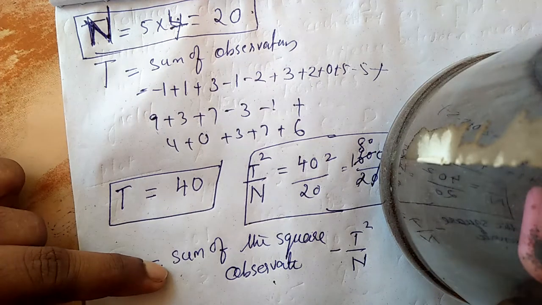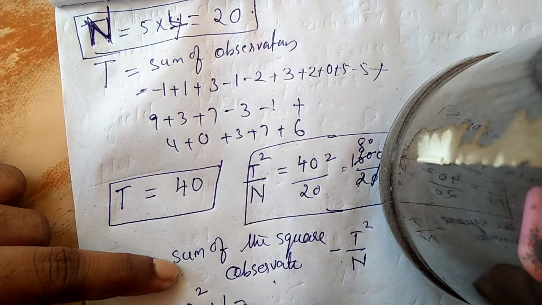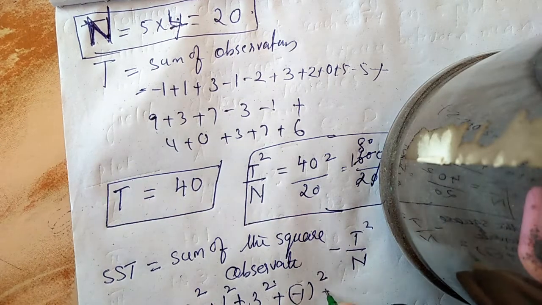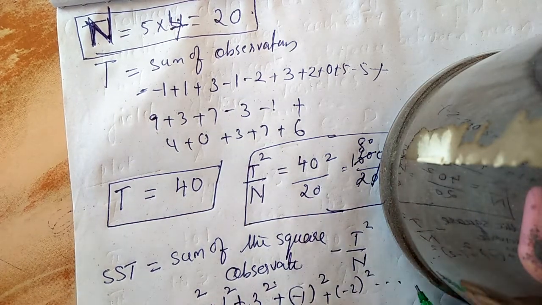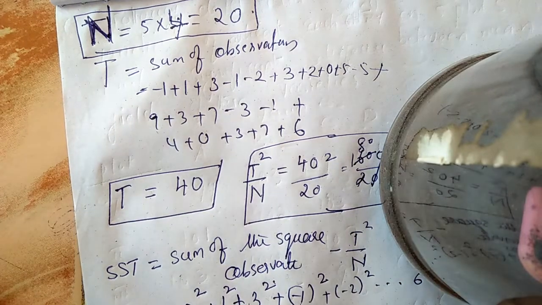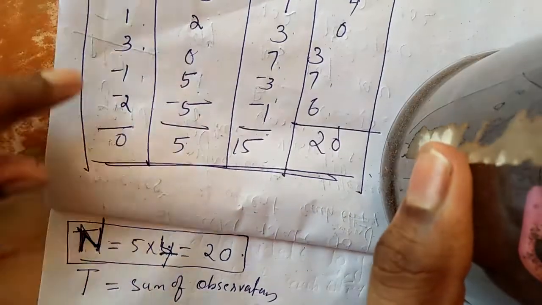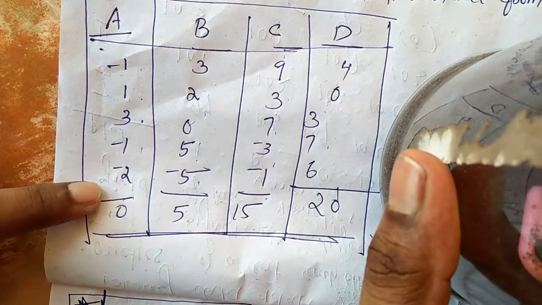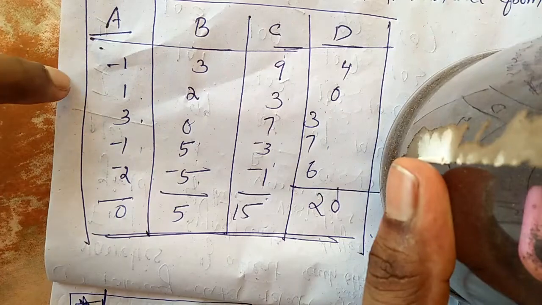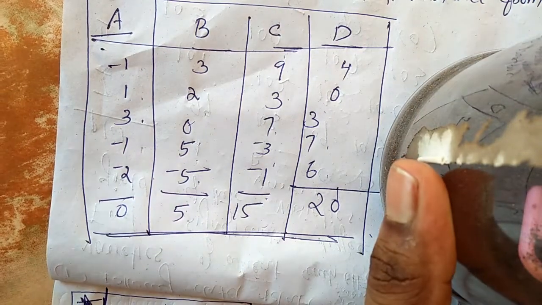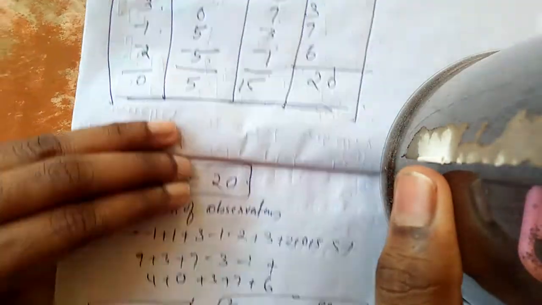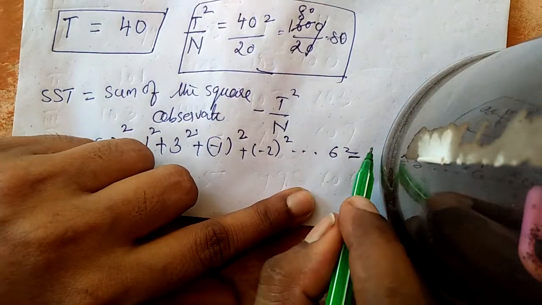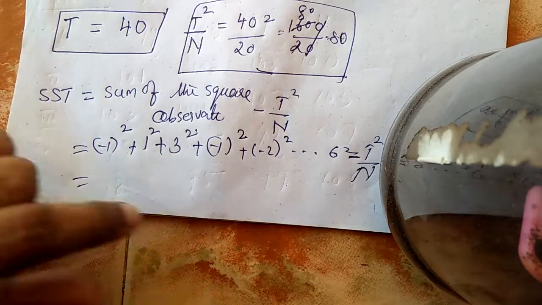So here minus 1 square plus 1 square plus 3 square plus minus 1 square plus minus 2 square, and so on up to 6 square, minus T square by N.